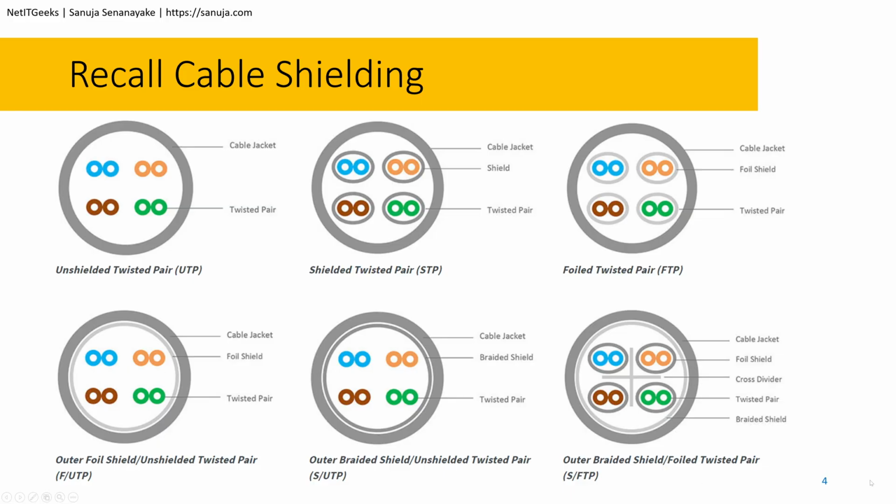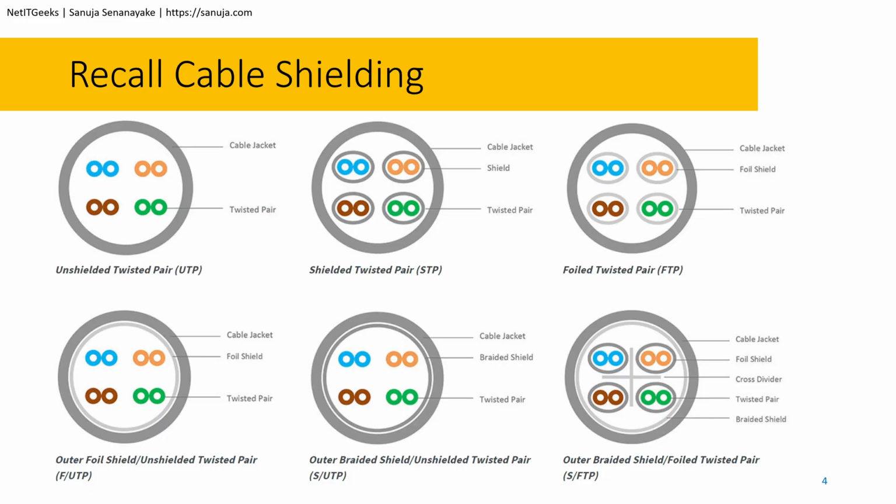Again, the cost is going to go up as you move from this end to this end of the diagram, but there are use case scenarios where you really need to use this kind of high-end cable for your cable installation. I'm not going to go into an in-depth analysis of each of these scenarios in this lecture. I'm just introducing you right now.